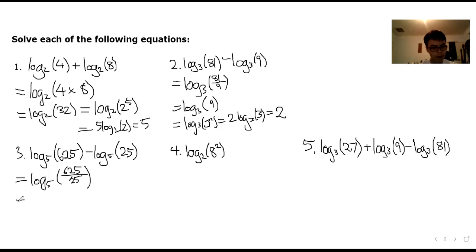And then we have log 25 with base 5. I'm not going to show you the method in detail now, because I think you'll be able to understand how to evaluate from this step onwards. And then we just get 2 then.